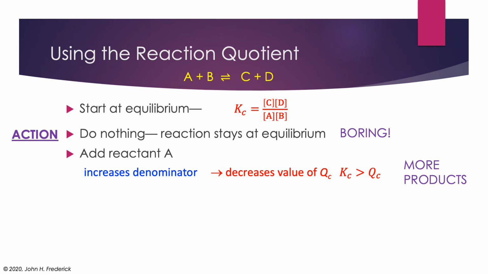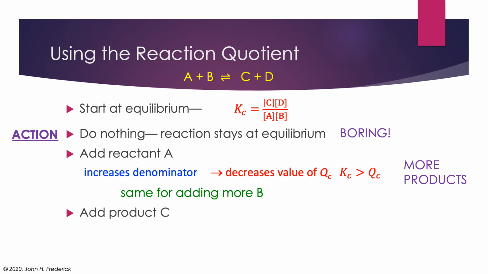Now we know from the last video that when Qc is less than Kc, it's going to go to the right, so we're going to form more products. So I want you to bear that in mind. We added reactant, we're going to form more products. So it's kind of like we've added fuel to the fire that makes the products by adding a reactant. The same would be true if we added some of B.